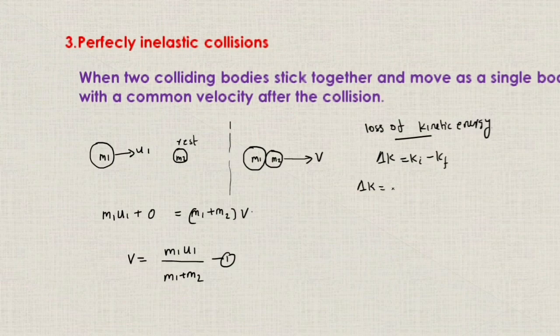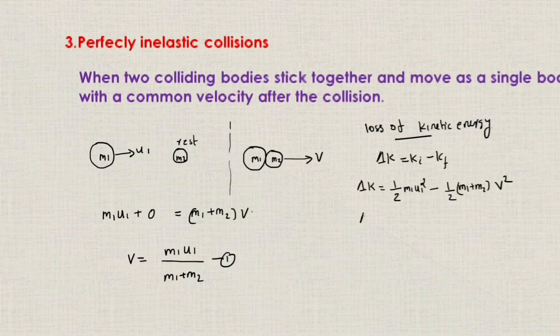Okay, so let's use that formula here. Delta K is equal to, now what is the initial kinetic energy? Initial kinetic energy is only for the first mass, so half into m1 into u1 square, minus the final kinetic energy. Final kinetic energy is equal to half into m1 plus m2, that is the total mass, right? m1 plus m2 into v square. Now we have already calculated what V is, right?